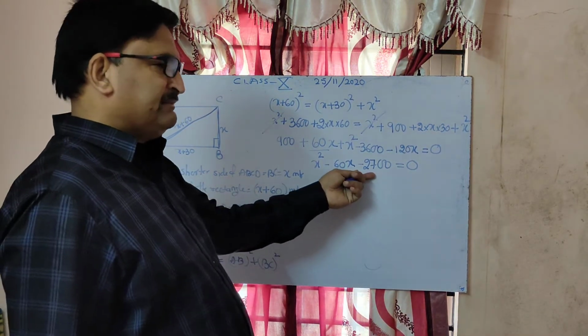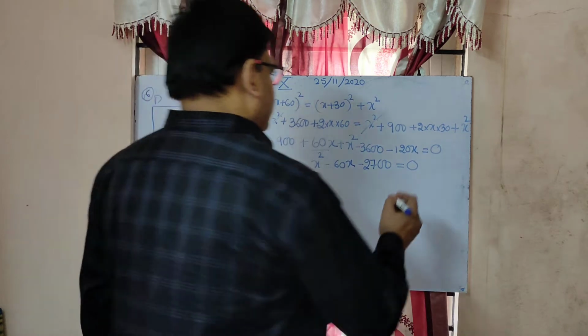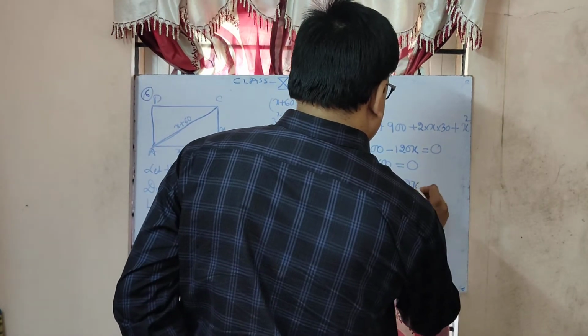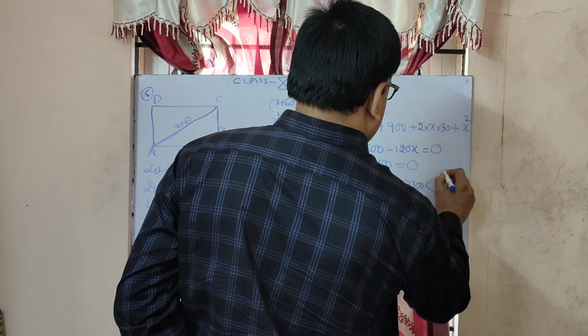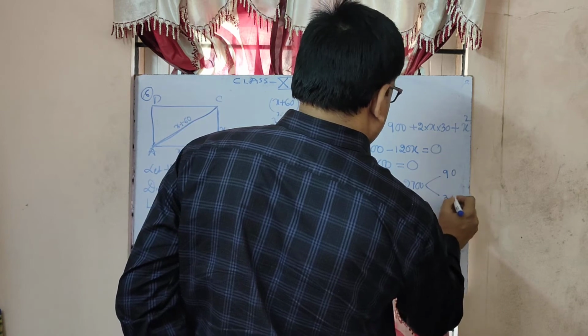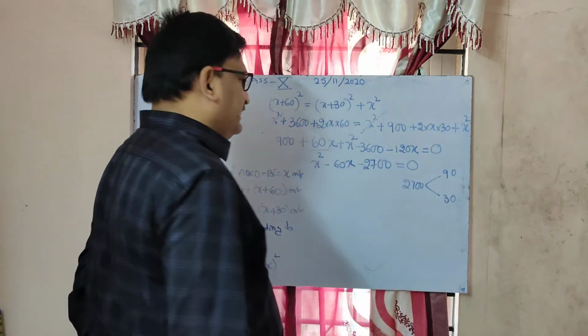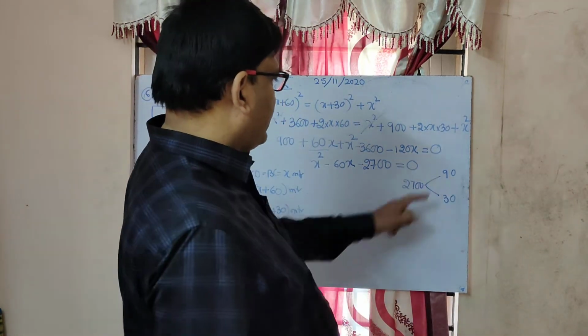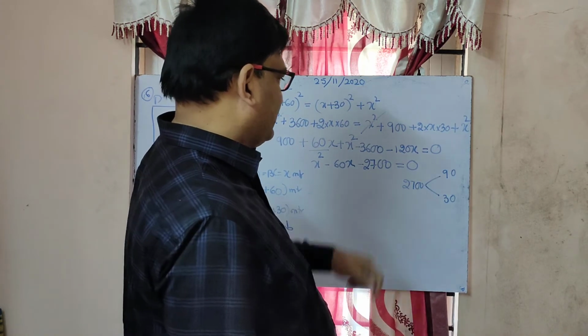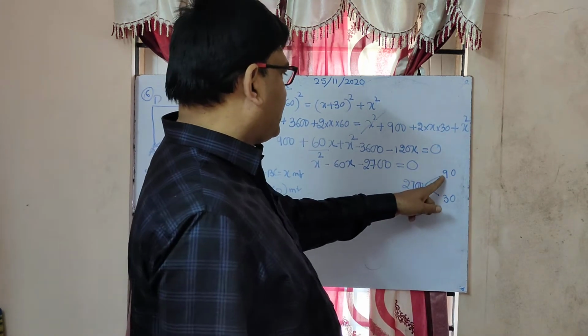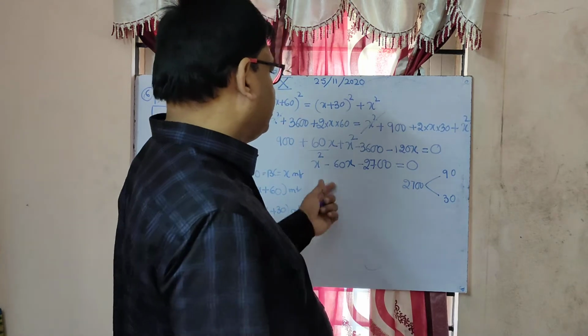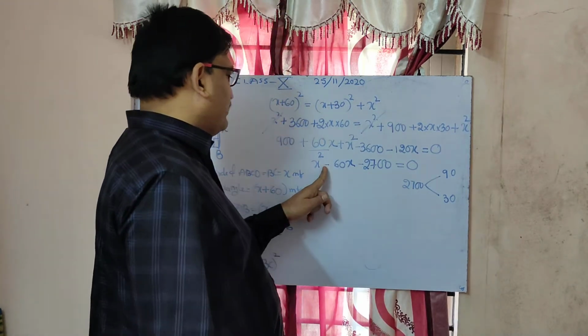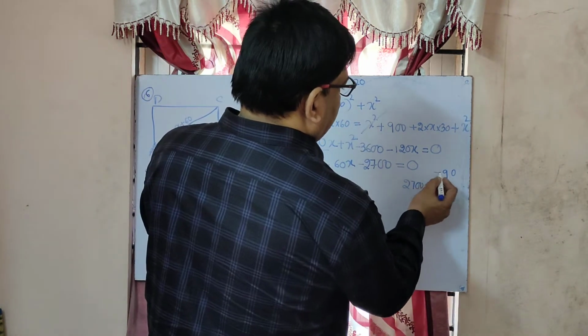9 threes are 27, means 90 30s are 2700. 9 threes are 27, double 0, 2700. So if you subtract 90 from 30, you will get 60. Here we want minus, so the big number should be minus.